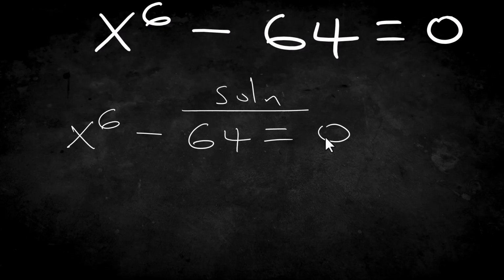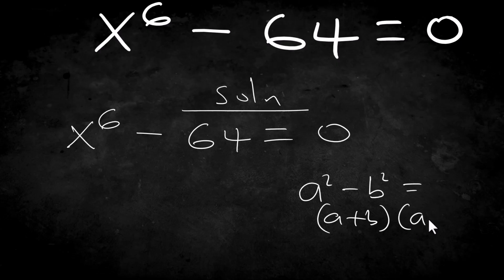Now, because of this minus, let's try and adjust this, so that we get a difference of 2 squares here. Now remember, a squared minus b squared is the same as a plus b, a minus b.